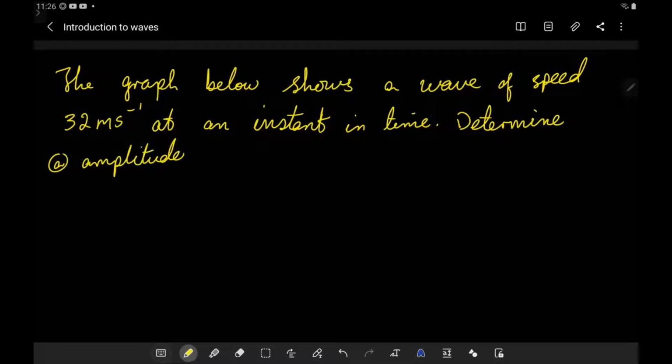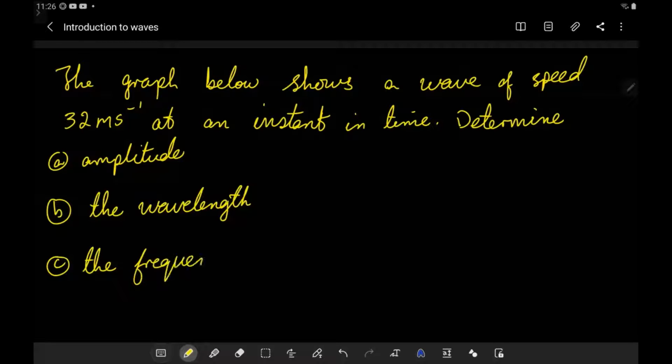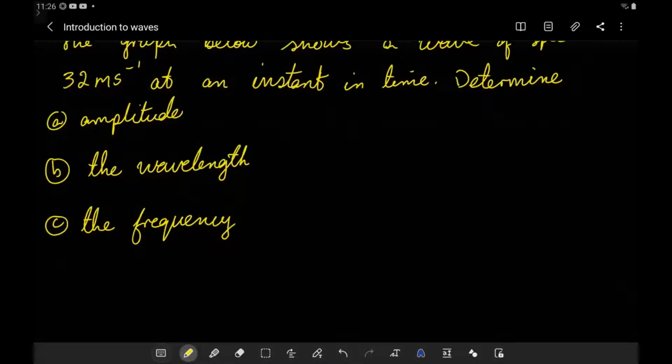Let's remember what the amplitude is. Can anybody tell me what the amplitude is? Yeah, it's the highest point of displacement of the wave.